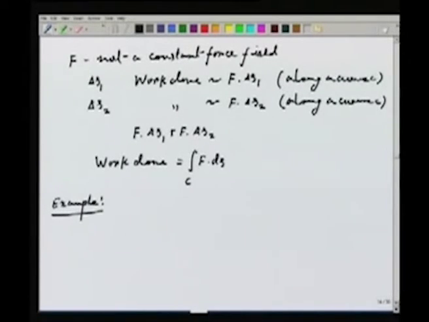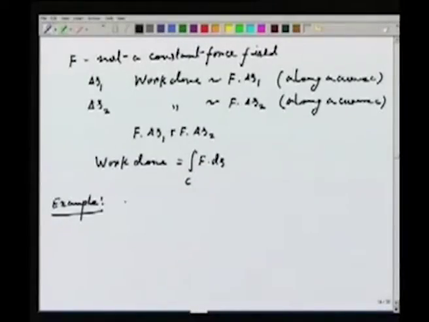So first I will give you a force field, then a curve. The force field which I give is F of xyz equals x cube i plus y j plus z k.